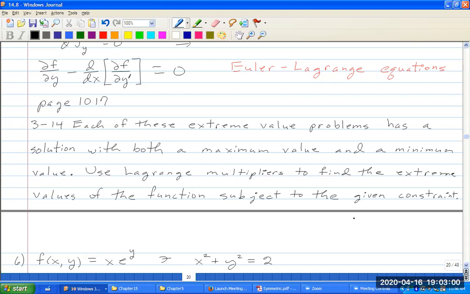Each of these extreme value problems has a solution with both a maximum value and a minimum value. You use Lagrange multipliers to find the extreme values of the function subject to the given constraint. Okay, so there's C2.